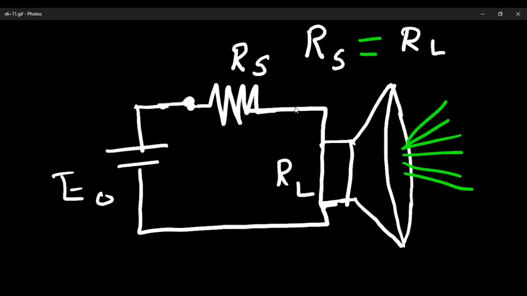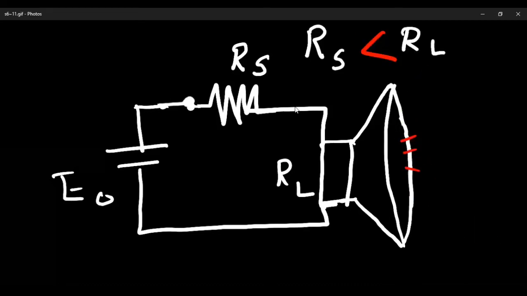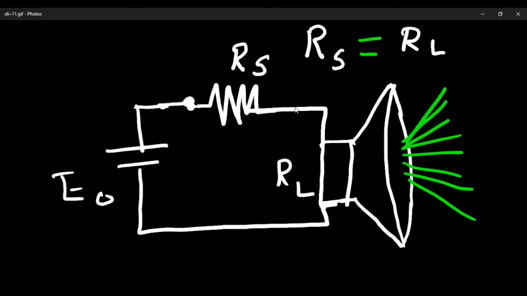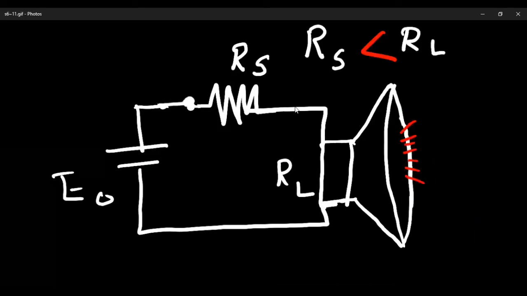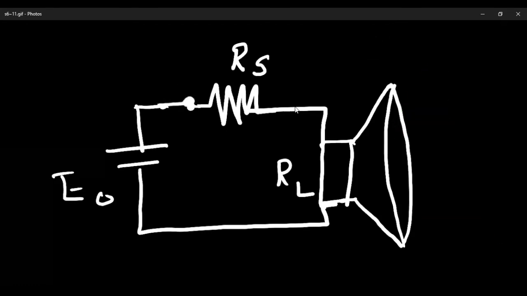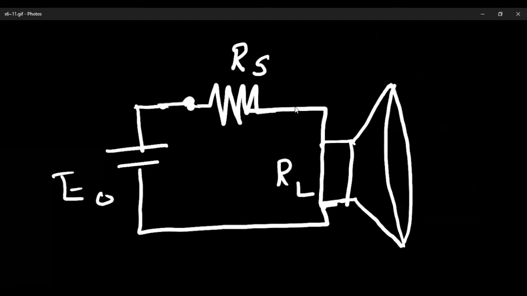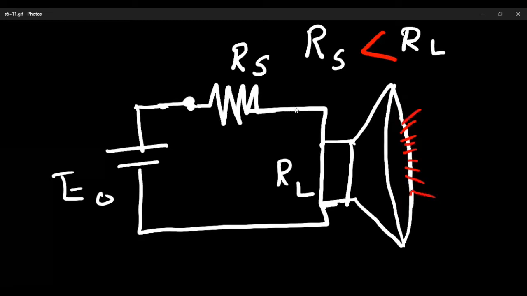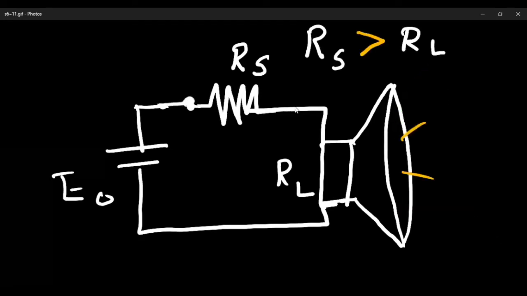At that time, you are now seeing the yellow color lines, which means the volume is a little low. Then the load resistance becomes higher than the source resistance. In that case also, if you see the red color lines, the volume is low again. But when the source resistance equals the load resistance, the volume becomes very high, right?